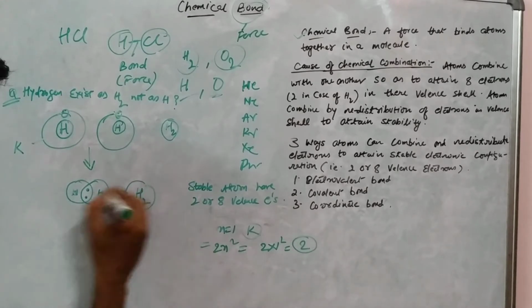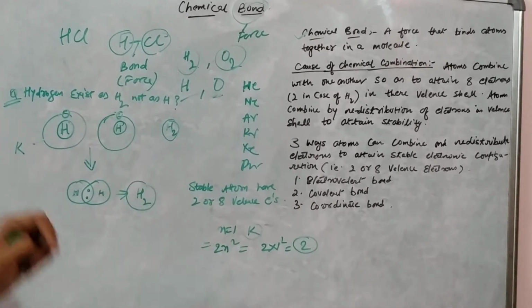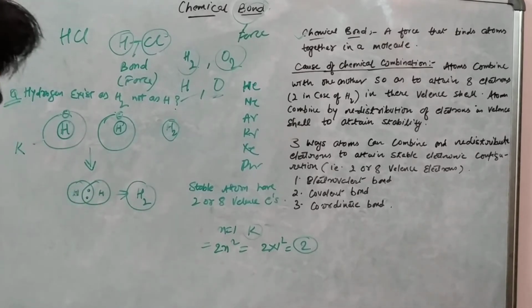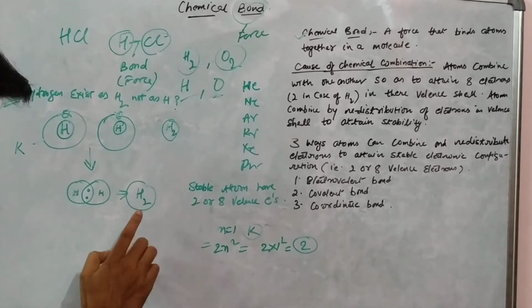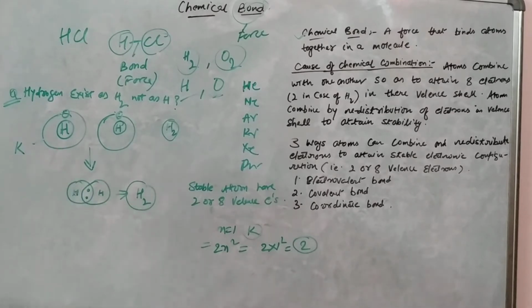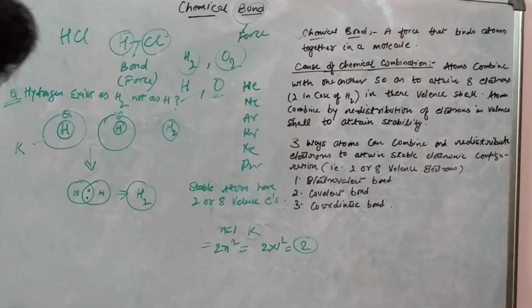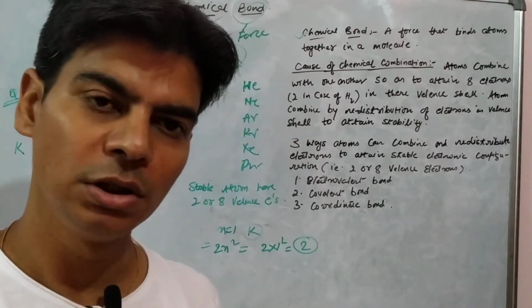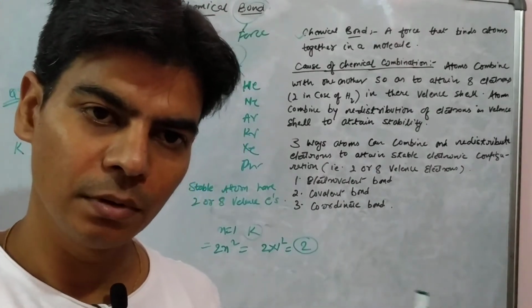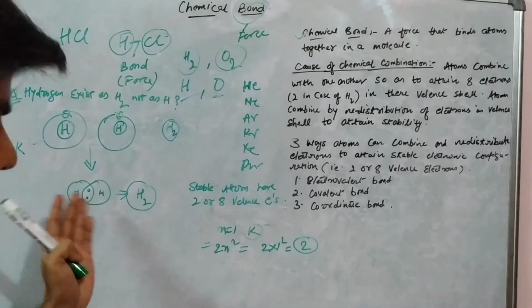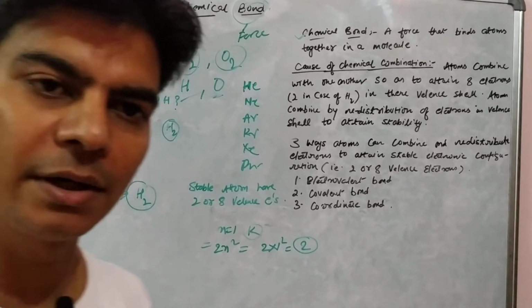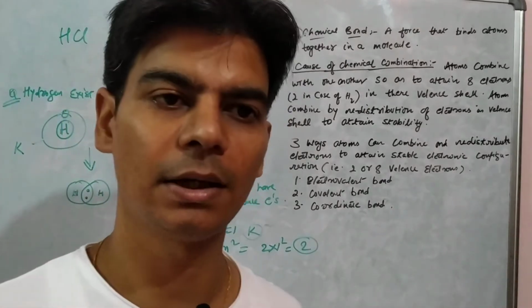So now we got the answer why hydrogen exists as H2 and not as H, right. It exists as H2 because a hydrogen atom chemically combines with another hydrogen atom to share one electron each, or what we can simply say is a hydrogen atom combines with another hydrogen atom to acquire stable electronic configuration.